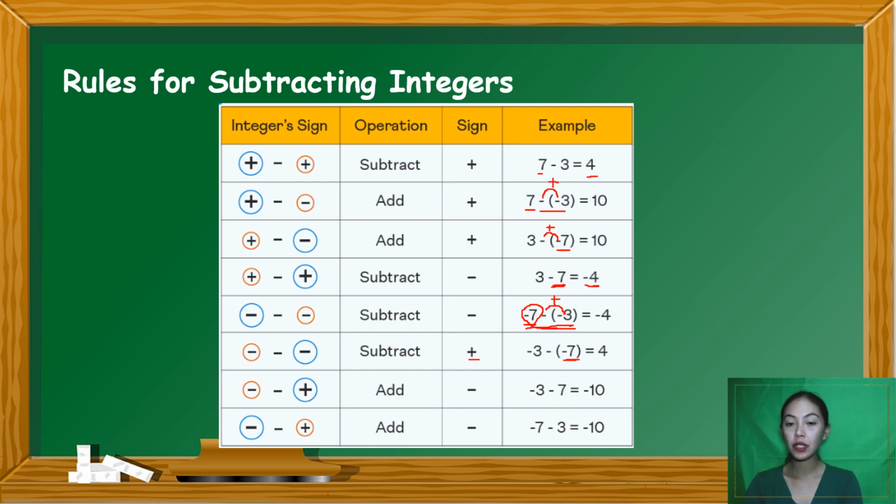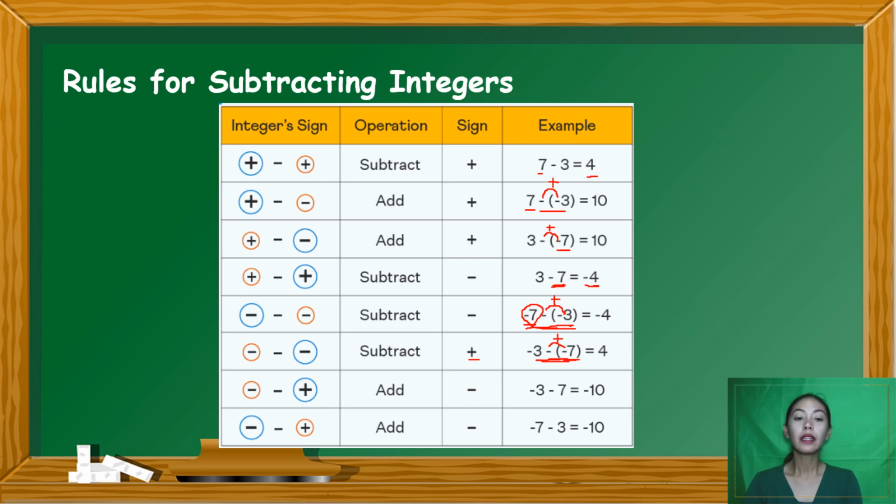It is positive because, again, minus and negative go together, so we will operate the two. Negative times negative will become positive. So we have negative 3 plus 7 is equal to 4. It is positive because the sign of the bigger number is 7, so it became positive.